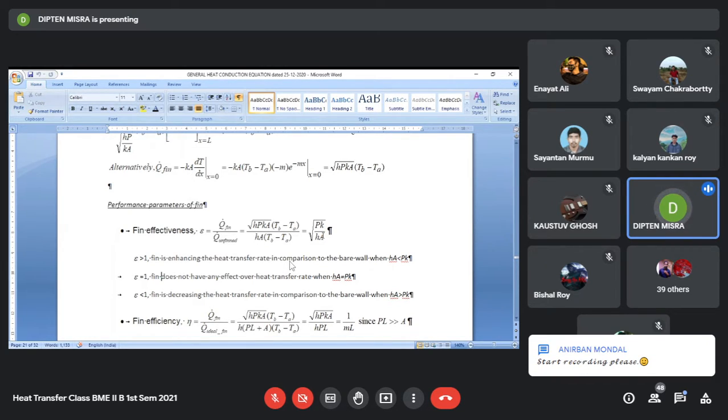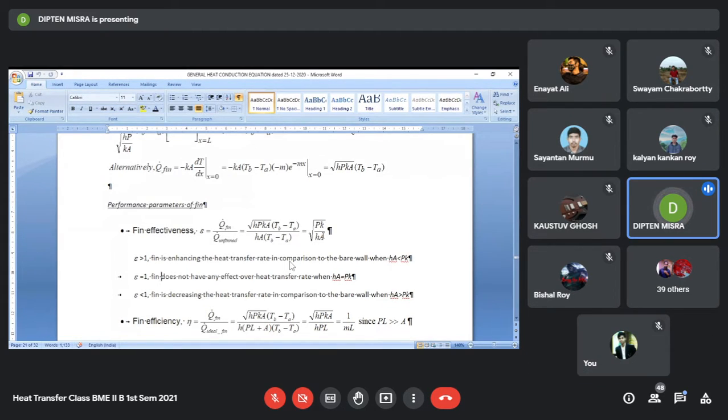And which side are the fins attached? You see that on the side where there is a gaseous medium, most of the time the fin is attached, because gases normally offer a very low value of H, whereas liquids can provide a high value of H.